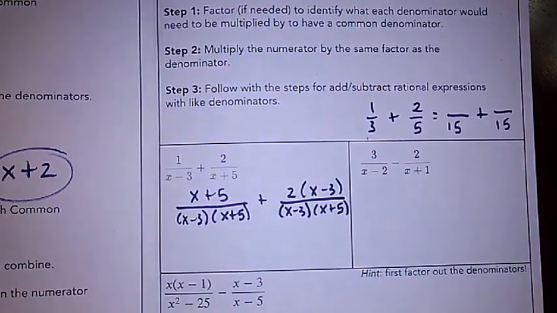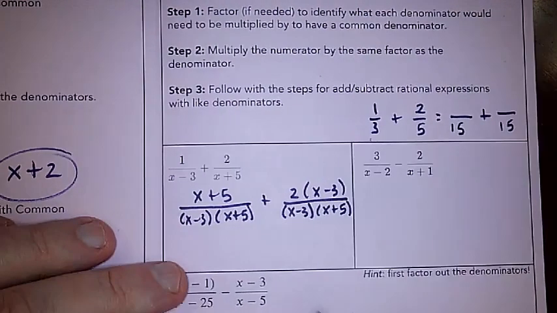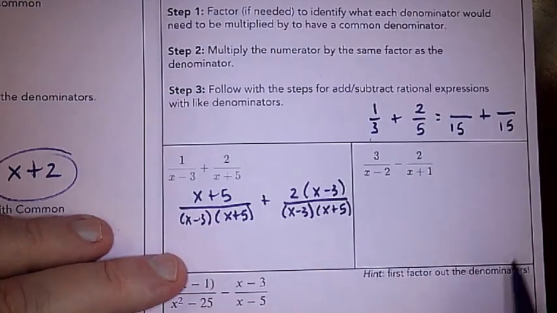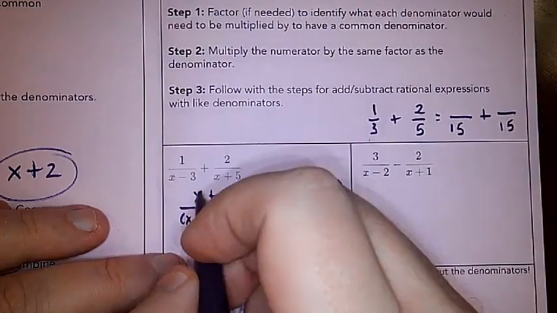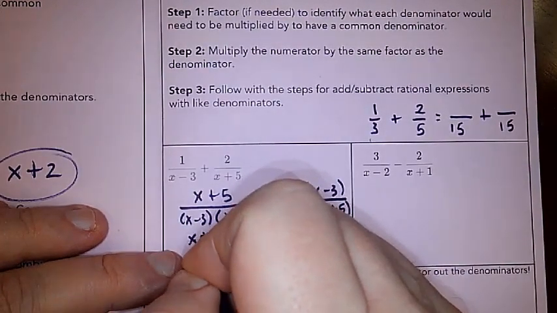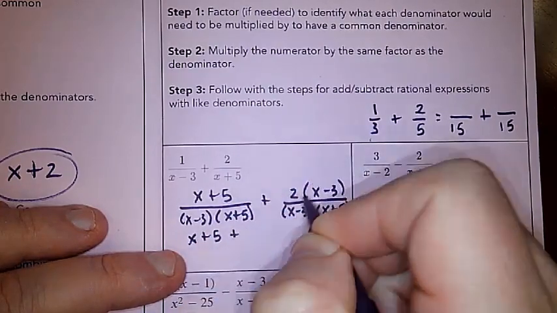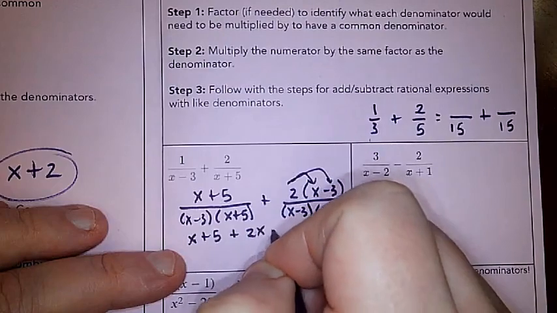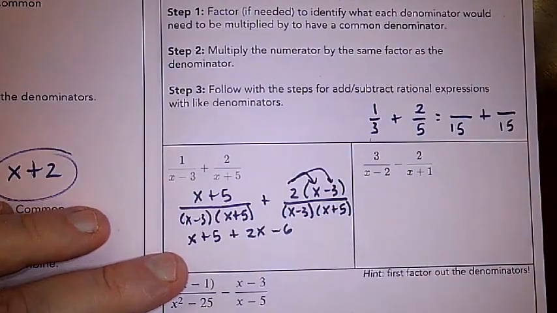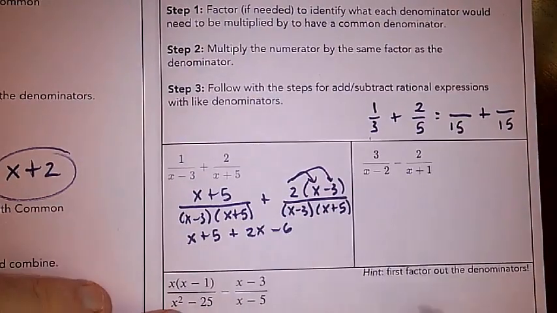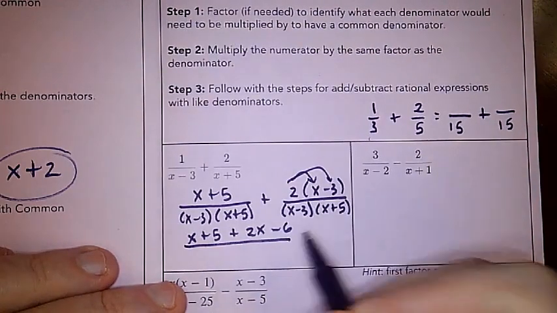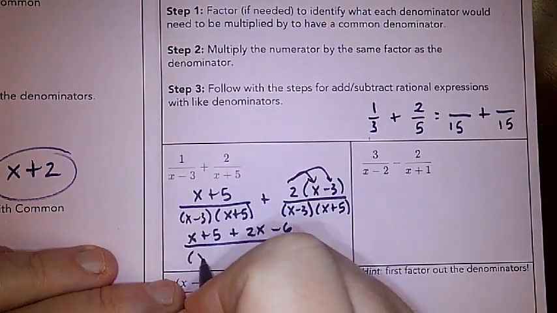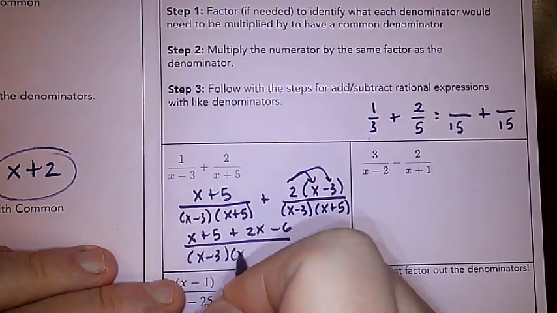At this point, I'm going to combine the same way that I did on the previous page by just adding my two numerators together. And I have x plus 5 plus, and I'm going to distribute this, 2x minus 6. So this is my numerator, and I'm going to, of course, give it the denominator of x minus 3 times x plus 5.